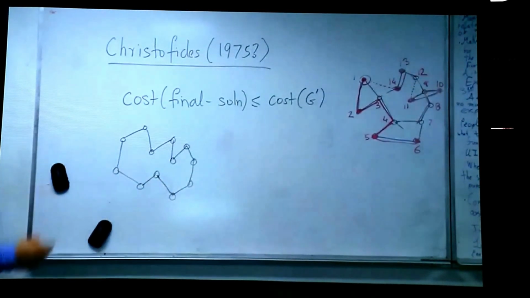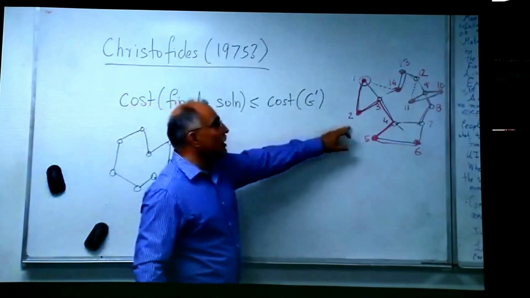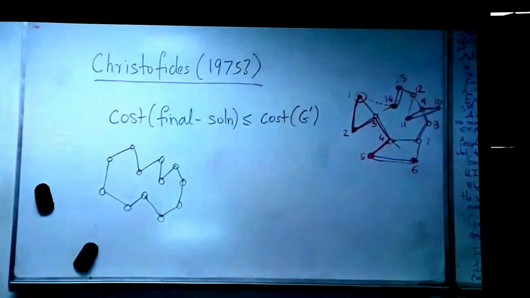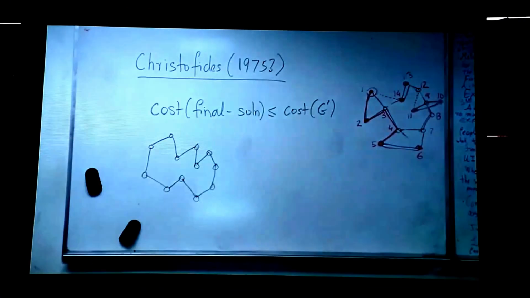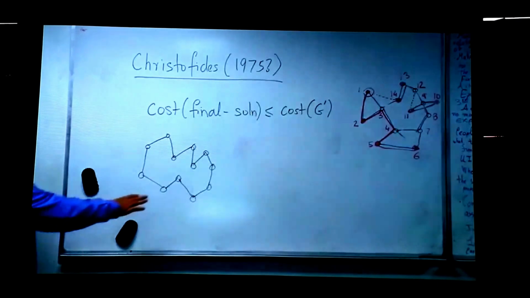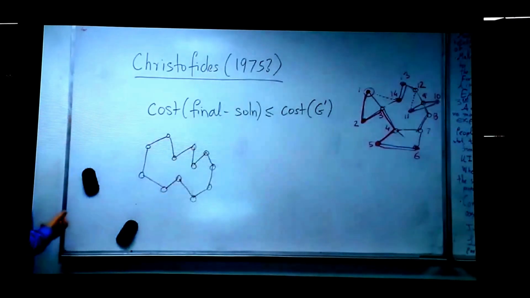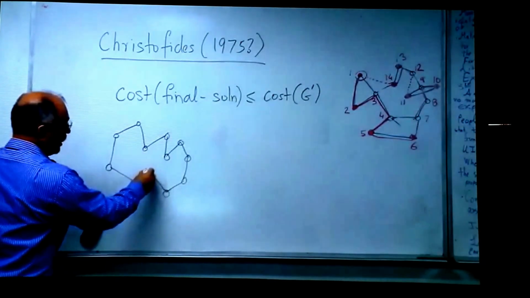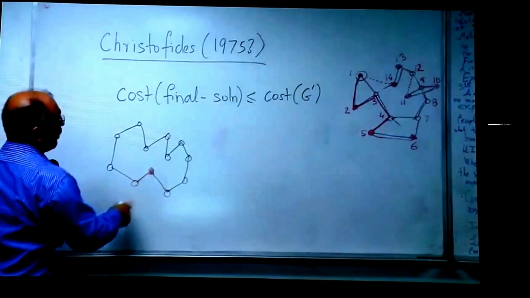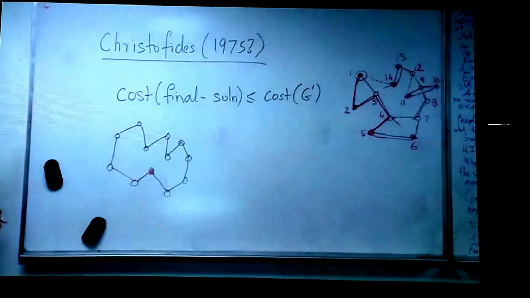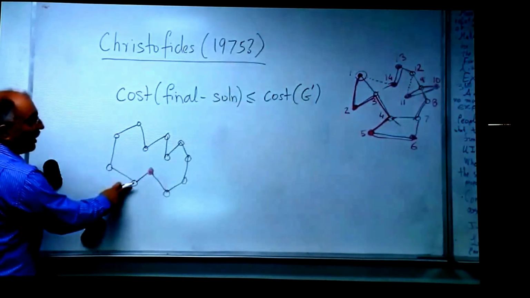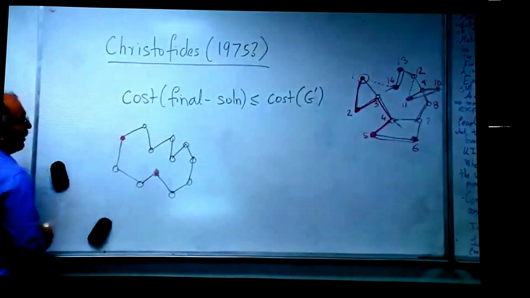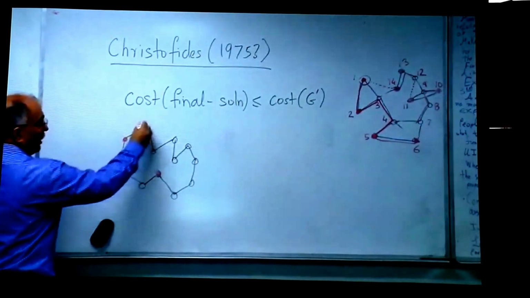Now, we had initially marked out some vertices as being red vertices in that MST, the vertices having odd degree. In this optimum tour, let's think about what those vertices are. It could be that this is a red vertex, namely that when we computed a minimum spanning tree, this node had odd degree, and maybe this node in the tree T had even degree, this node had even degree, and then maybe this node had odd degree in the tree, this node had odd degree in the tree, and so on, right?